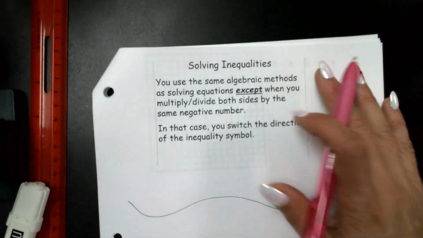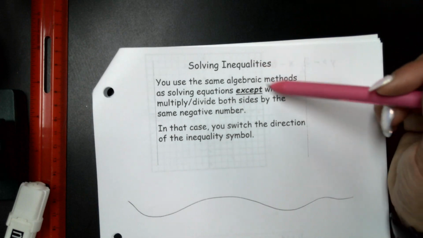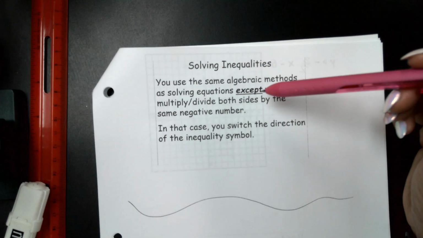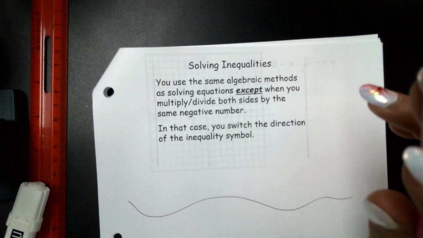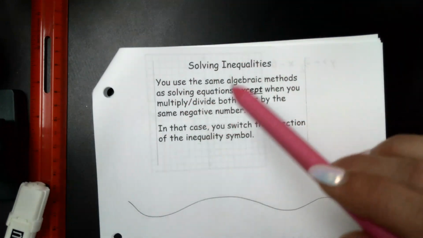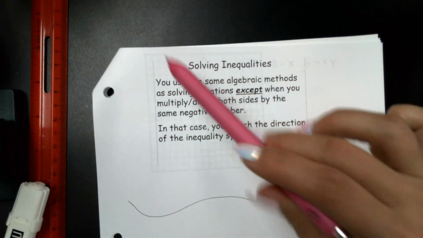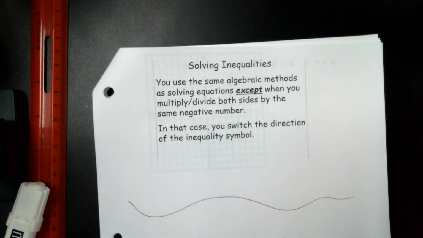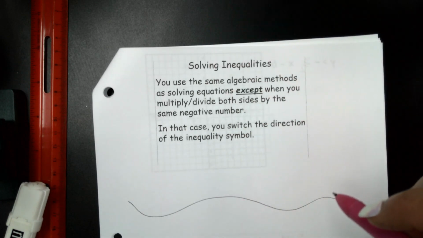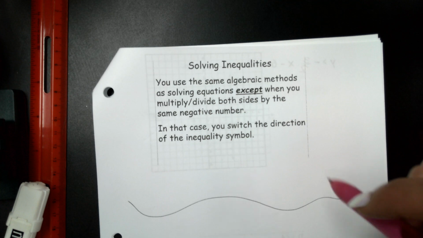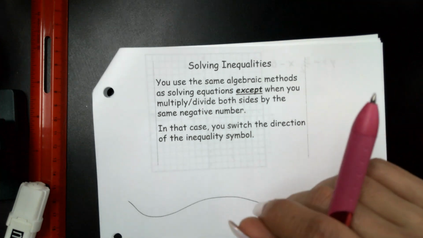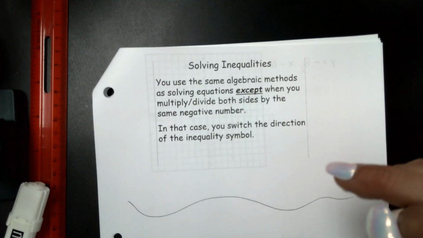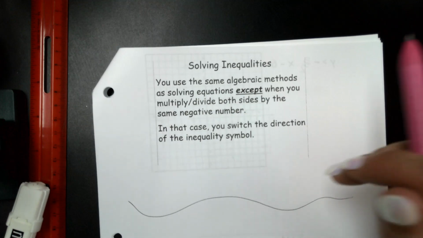So it says to solve inequalities, you use the same methods that we used last week, except if you have to multiply or divide by a negative number, what happens to our inequality symbol? If you multiply or divide by a negative, what happens to the symbol?